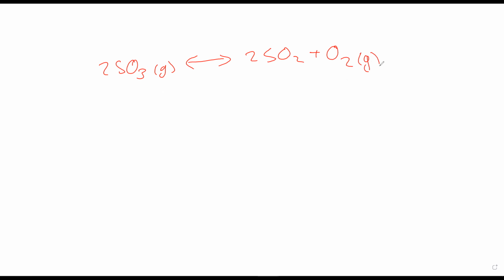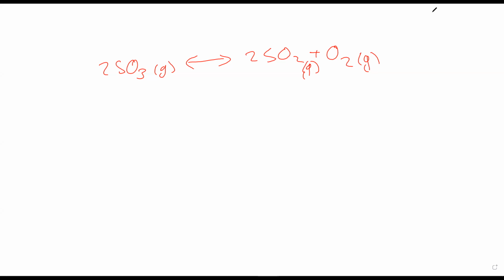It's also a gas. Both of these are gases. Now, when doing equilibrium and concentrations, remember, we only care about gases here, right? And oh, wait, hang on, give me 1 second.